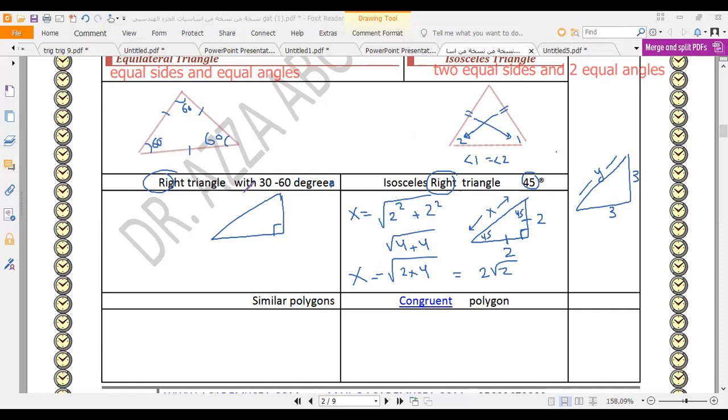Is it 3 radical 2? Yes, exactly, it will be 3 radical 2. Let us check: did you get the same or not, everyone?